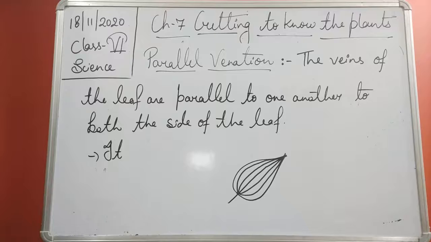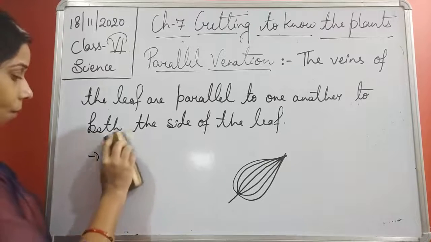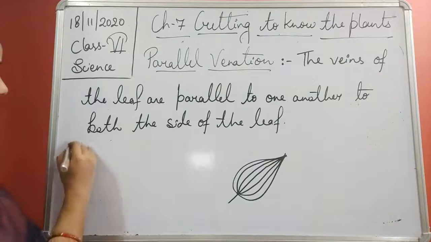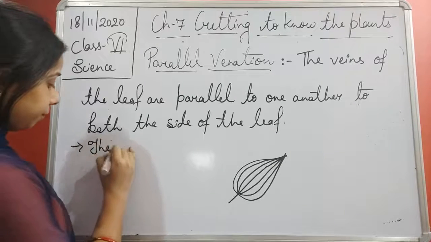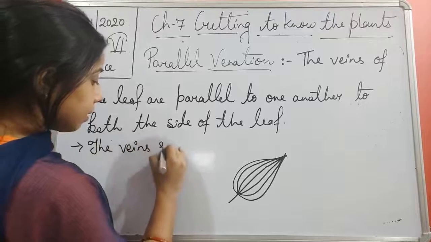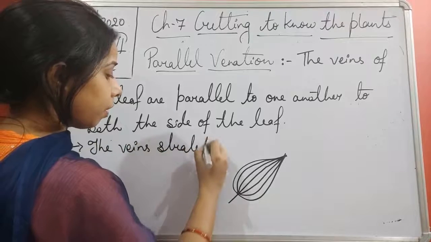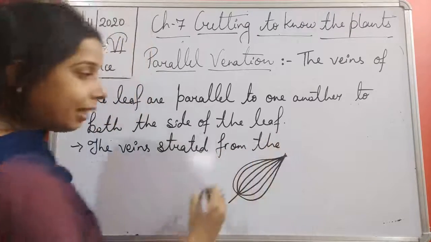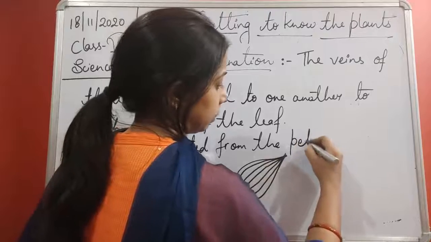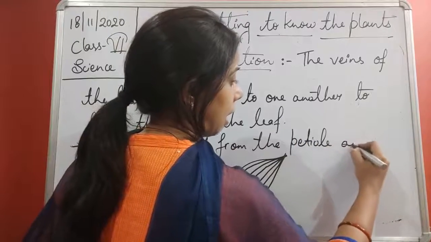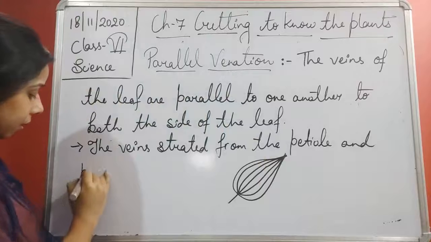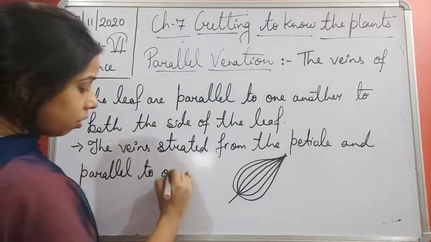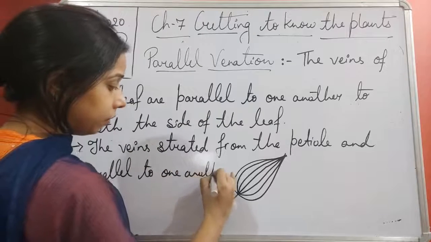The veins start from the petiole and are parallel to one another.